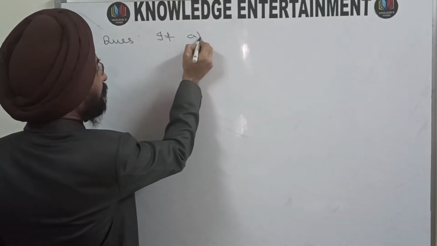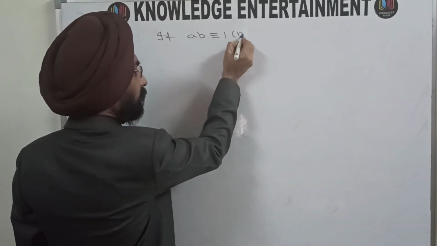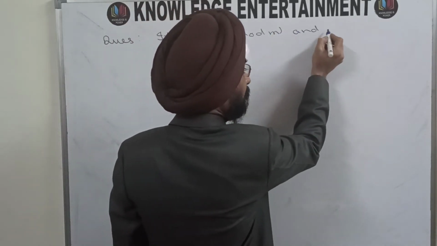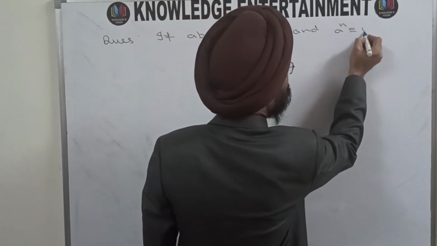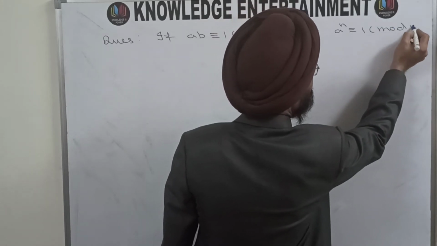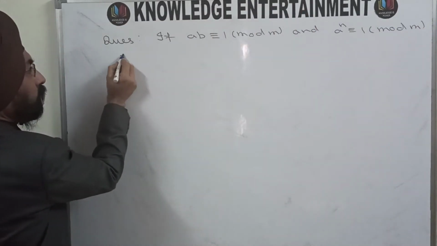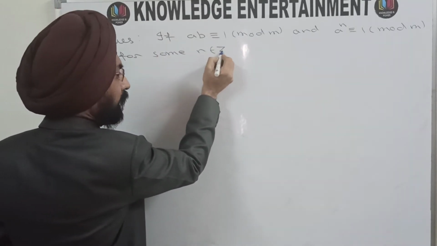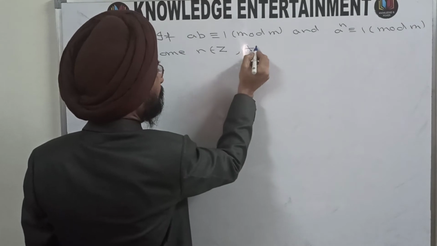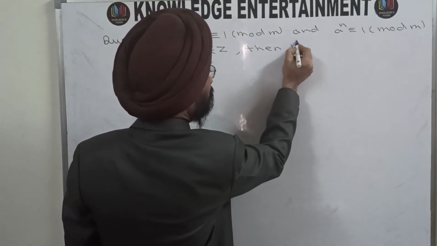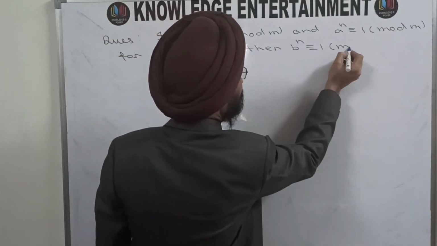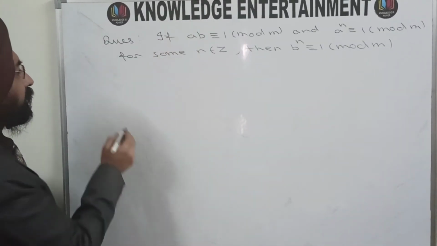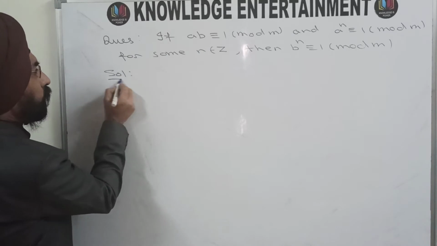If ab is congruent to 1 modulo m and a raised to the power n is congruent to 1 modulo m for some n belonging to the set of integers, then b raised to the power n is also congruent to 1 modulo m. Let's move on to the solution now.